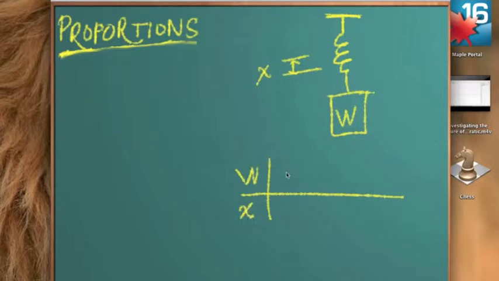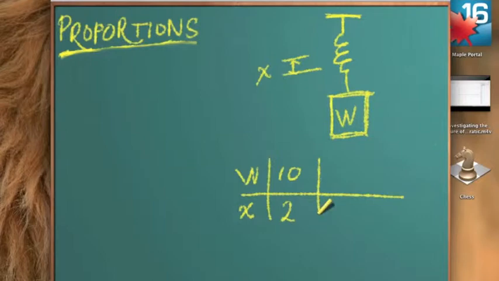So when I hang on there a weight of 10 grams, let's say, it gives me an extension of 2 centimeters, let's say. Then we will observe, it is an experimental fact, that if you double the weight hanging on to this spring, the extension is going to double.